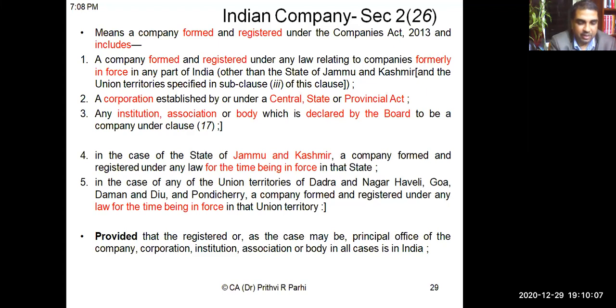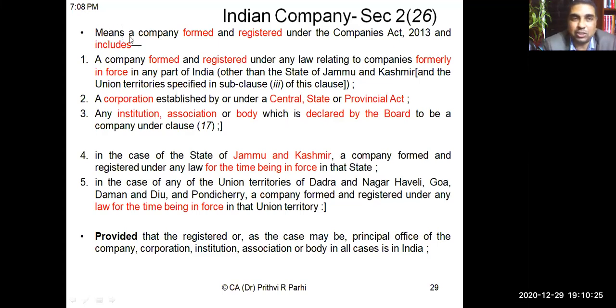As you can see, this is an inclusive cum exhaustive definition. Indian company means a company formed and registered under Companies Act 2013 and includes, so means and includes.